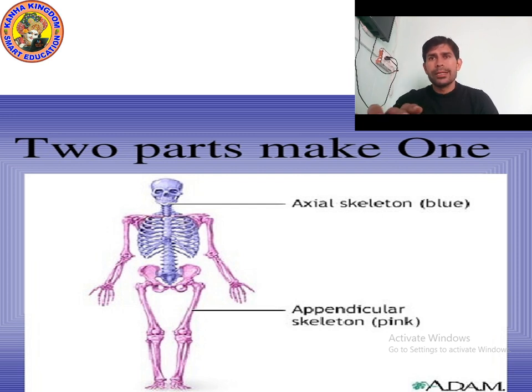If we talk about the endoskeleton, two parts make our skeleton. Endoskeleton can be divided into two parts, axial skeleton and appendicular skeleton, as you can see in the picture also.